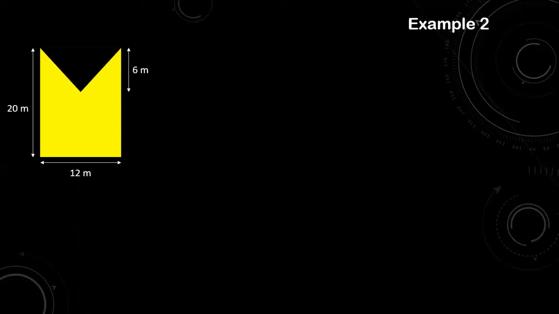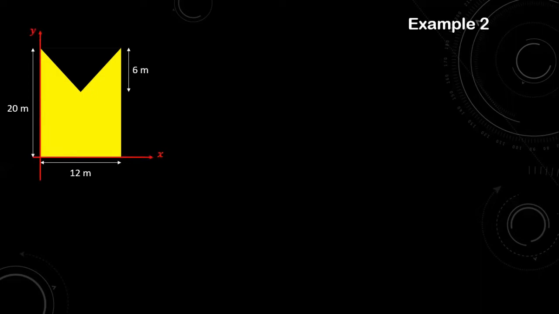Is it a symmetric object? Okay. How to find the center of mass of this object? Yes. The first step is to draw the xy axis for this object.